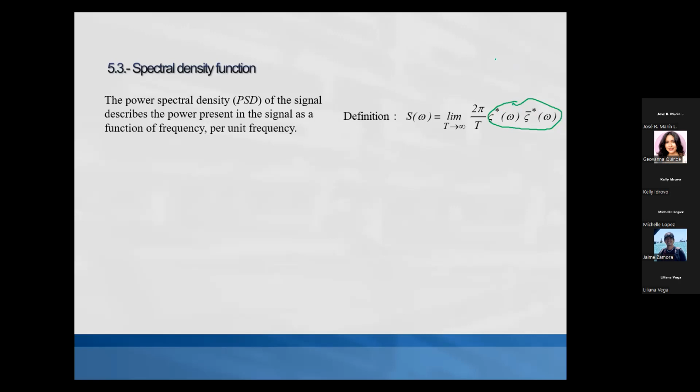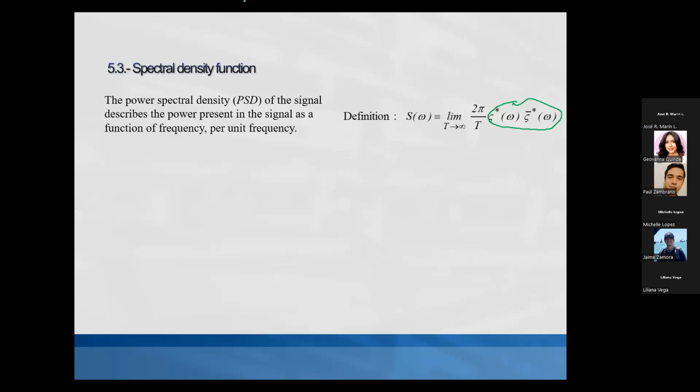No, no. When you add and divide by 2, yes, you get the real part. In this case, it's the product. Mr. Zambrano, do you remember what you obtain when you multiply a complex number times its conjugate? It will be the difference and the square. Exactly. It's going to be the amplitude squared.